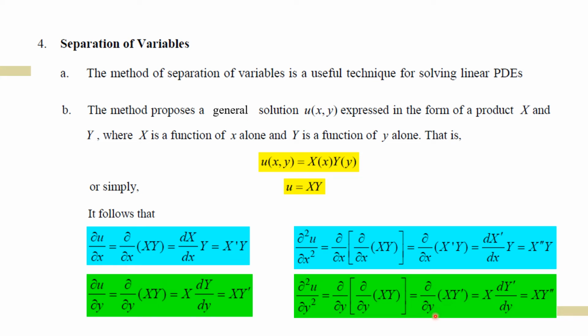But X is a function of x alone, and therefore we are going to differentiate Y prime with respect to y. So it becomes X dY prime/dy. But dY prime/dy can be rewritten as Y double prime, and therefore the partial derivative ∂²u/∂y² now becomes an ordinary derivative in the form of X Y double prime.